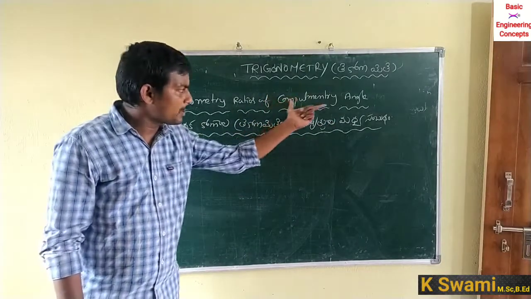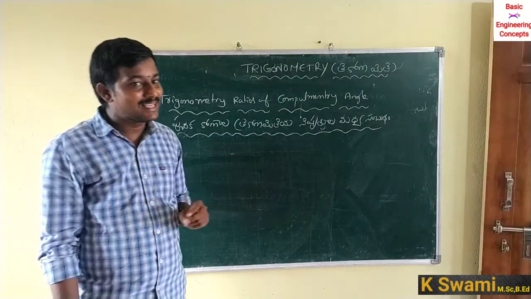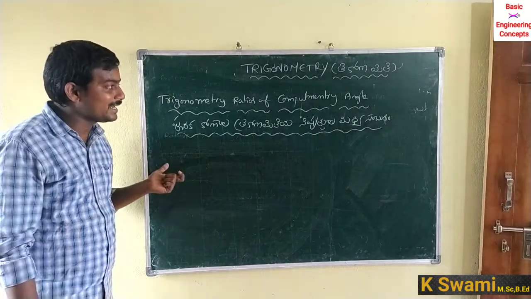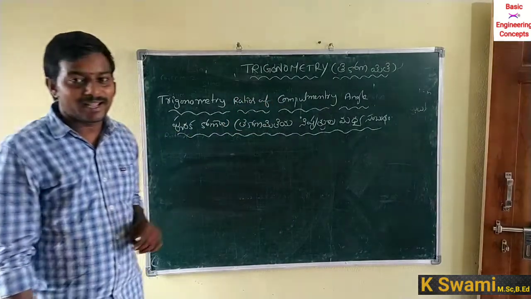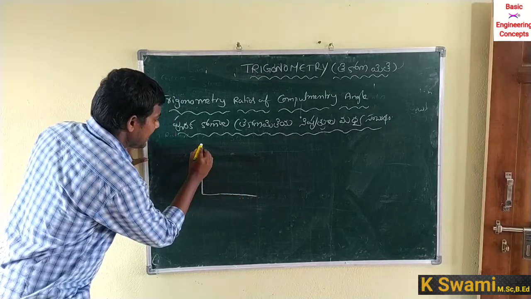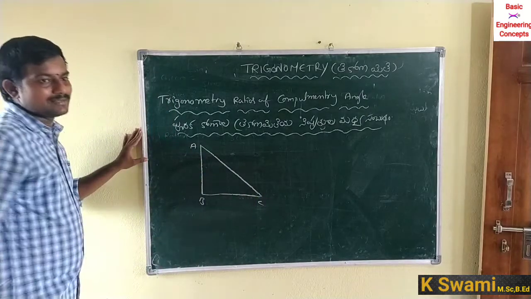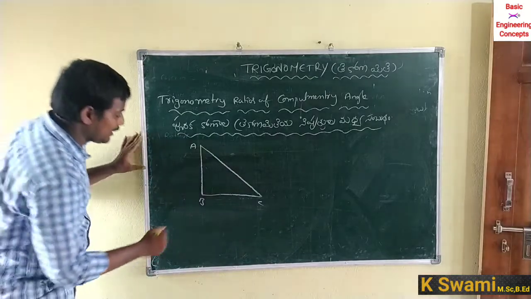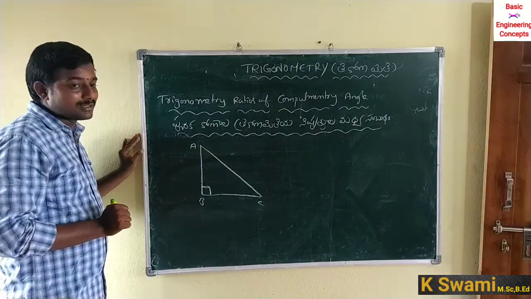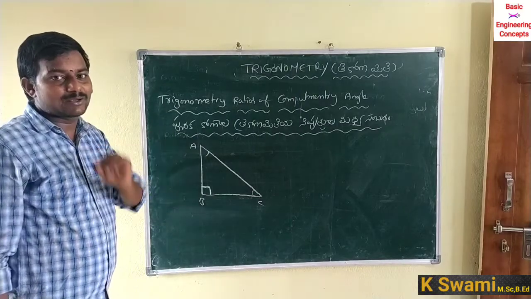So what is a complementary angle? If the sum of two angles is equal to 90 degrees, they are called complementary angles. For example, suppose ABC is a right triangle, so one of the angles is equal to 90 degrees.